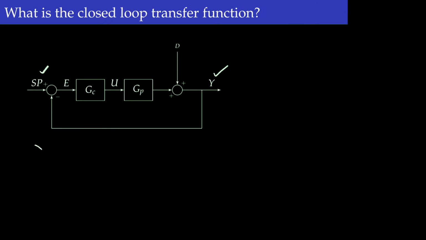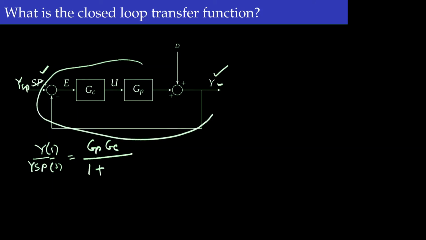Simply y over y set point will be simply the transfer function between these two signals, so GP, GC, divided by 1 plus all the transfer functions within the loop, which is again GP, GC.